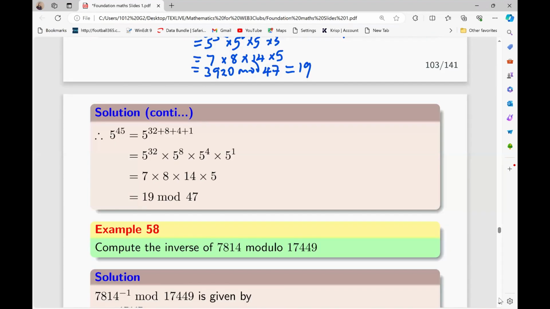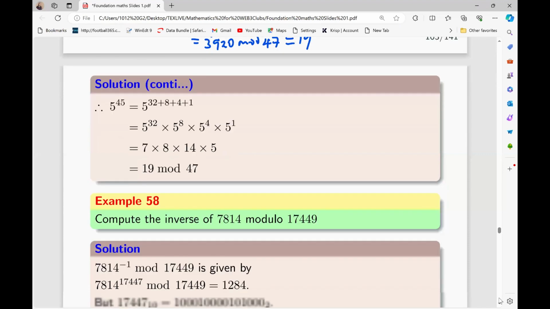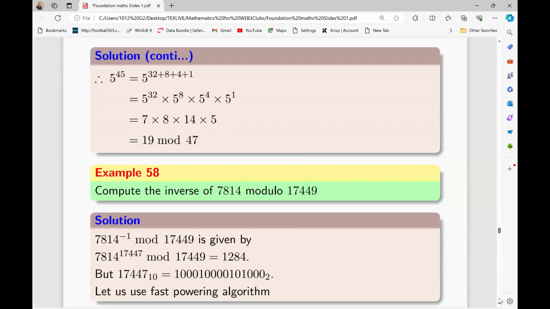I want to take the last example of how to use Fermat's little theorem to find inverses. This time, I try a huge prime number.